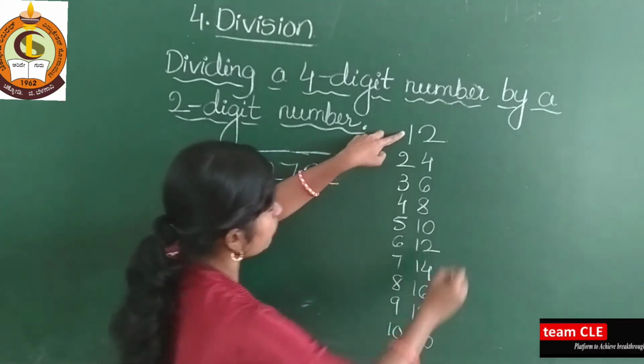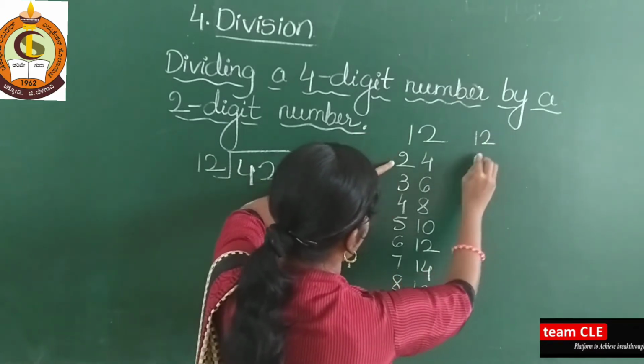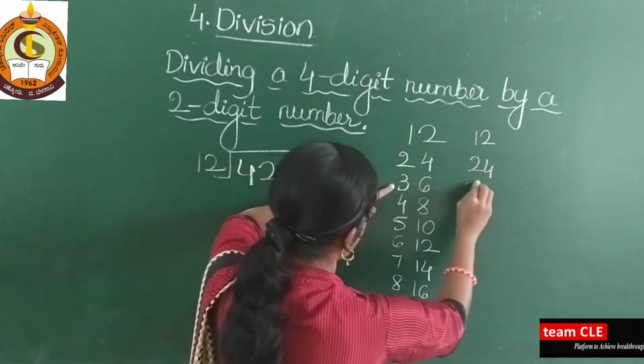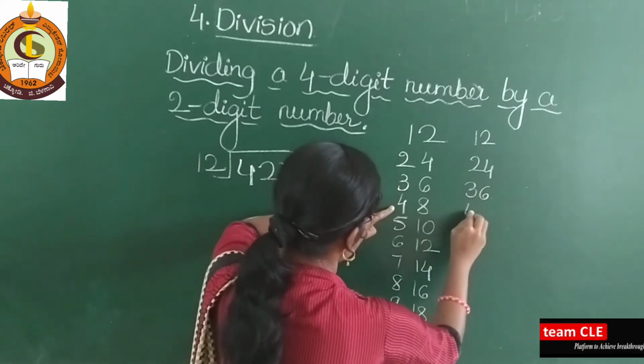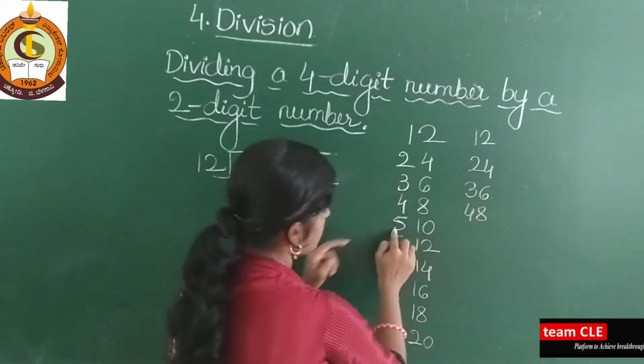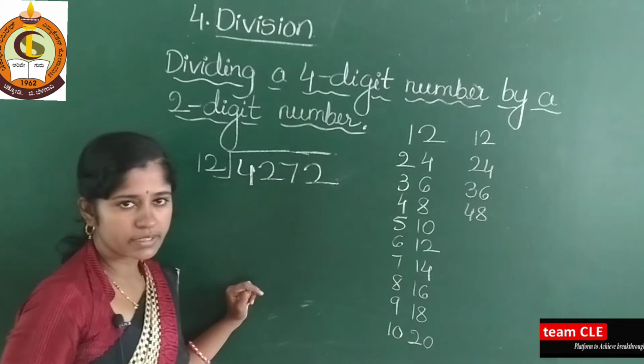So see here, 12 ones are 12, 12 twos are 24, 12 threes are 36, 12 fours are 48. See here, these middle terms you need to add.